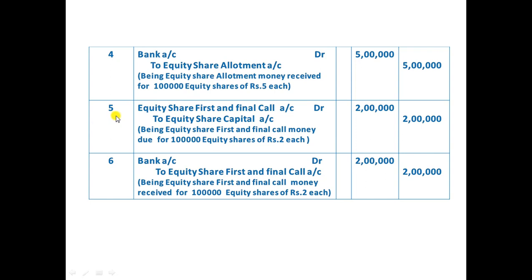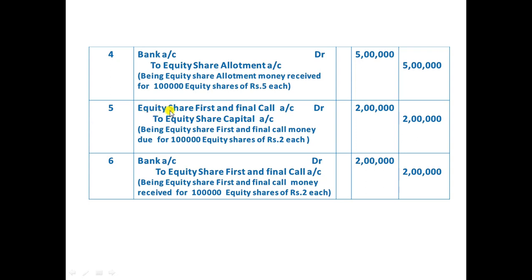Next is the final installment, equity share first and final call. Usually at the call stage a company can collect in 3 installments: first call, second call and final call. But what I did, I took all the installments together, all 3 installments in the first call, as a common entry.